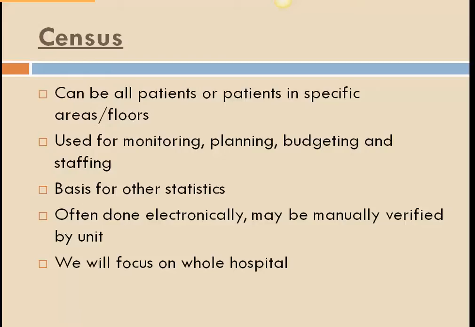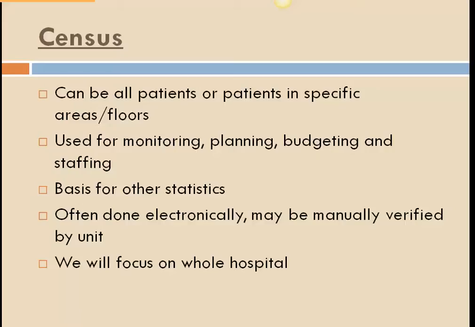Things like that. Planning as far as, okay, how many supplies do we need? Do we need to plan in the future to expand this floor because it's staying full all the time? Are we not having enough patients on this floor and we need to look at planning something differently along those lines? Budgeting, staffing, just all types of different administrative decisions can be based on the census.